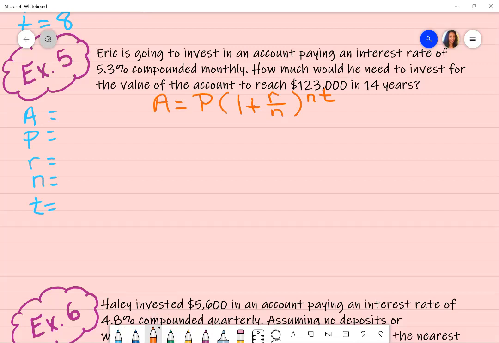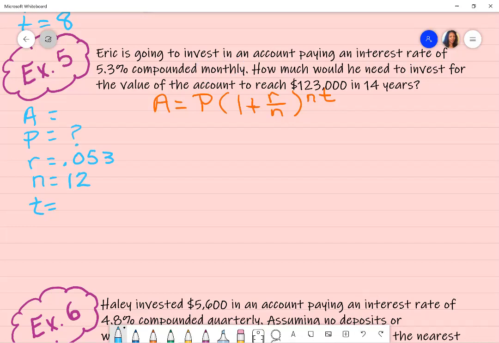You are not required to do that. The interest rate, I'm told, is 5.3%. By now, you should understand how to do that. So that's 0.053. Compounded monthly, your notes should tell you that that means 12, because there's 12 months in a year. How much would he need to invest? That means, what do I need to start with? I'm looking for P.